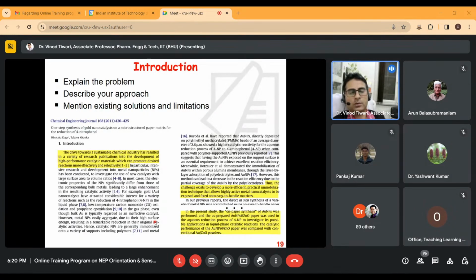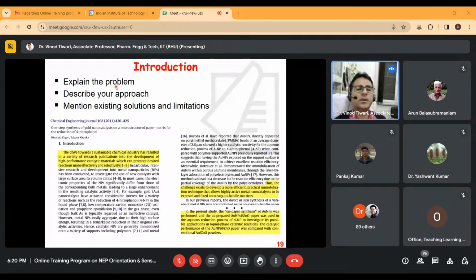But one has to understand, in the introduction, you have to highlight your problem or the area on which you are working. What is the gravity of the situation, and what is the problem which you want to solve. And then you also need to discuss the limitations in that particular area. That should also be part of the introduction.